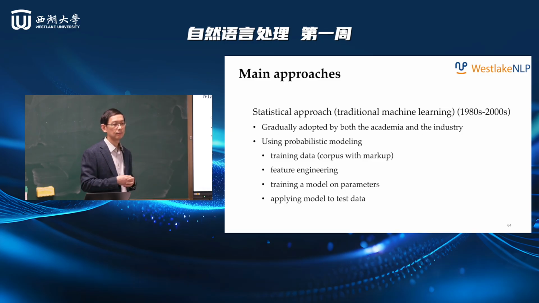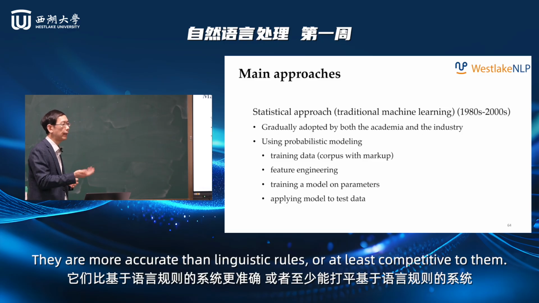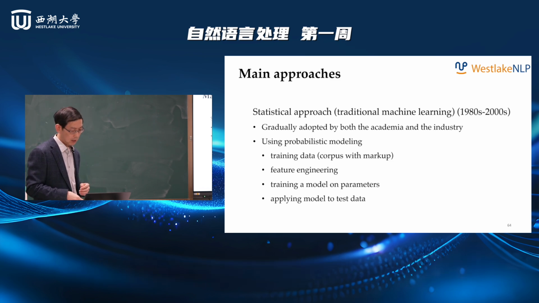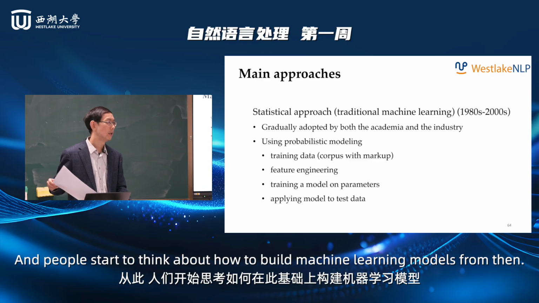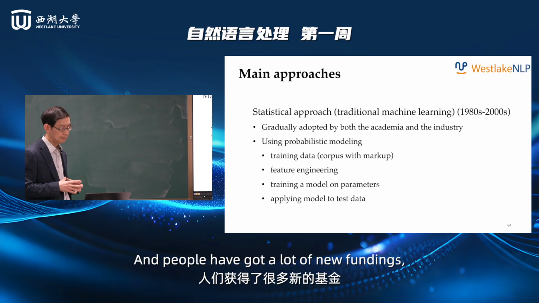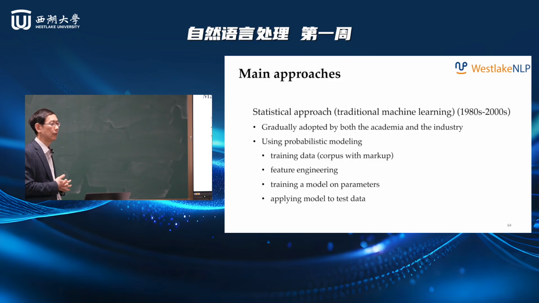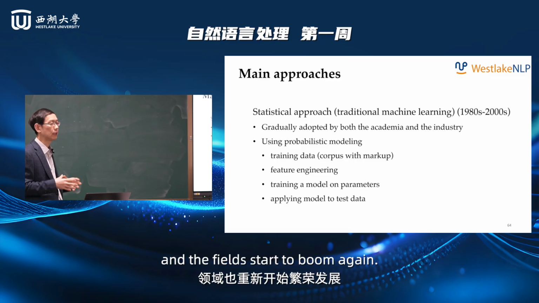And they work. They're more accurate than linguistic rules, or at least competitive with them. And people started to think about how to build machine learning models from them. And people got a lot of new funding, all right? And the field started to boom again.